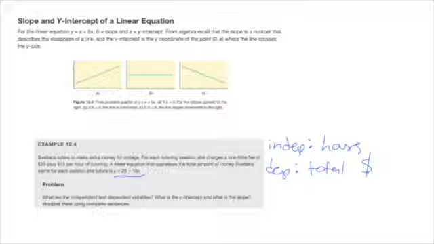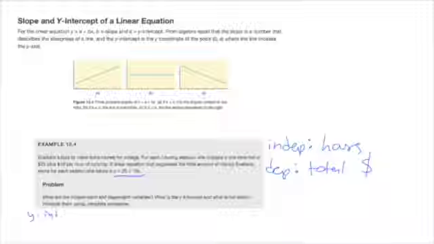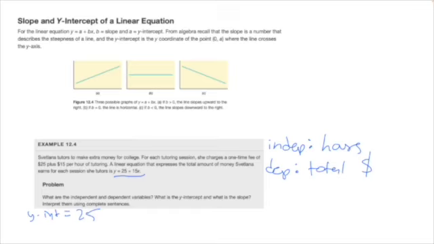And that makes sense, right? The total money she earns depends on how many hours she works. What is the y-intercept and what is the slope? And then interpret them using complete sentences. The y-intercept is 25. So that represents the one-time fee of $25, or she earns $25 before she starts tutoring.